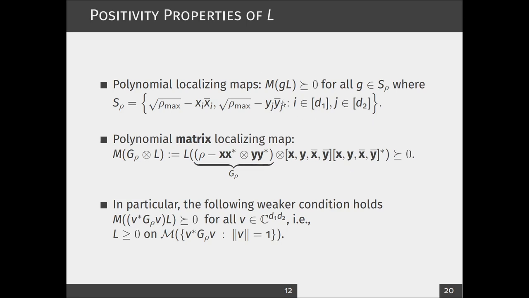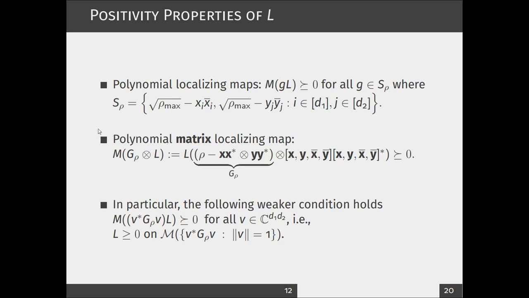Another way of seeing this is as L being non-negative on the quadratic module generated by this set of polynomials, which, if you look closely, you might recall has been inspired by the scaling that we applied to the factors ALs and BLs, because they're bounded by the rho max. So those are the polynomial localizing maps.